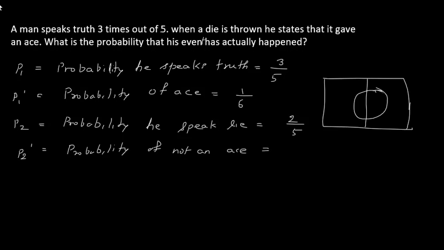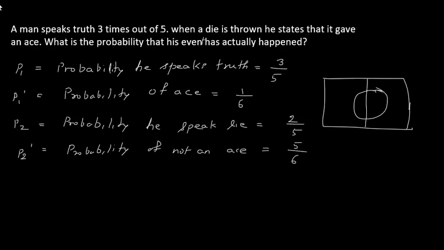Okay, now when he will get some other number, when he is speaking lie and he is saying that okay, I got ace, it means that he has not got an ace, he has got some other number. So when he is lying, then the probability of getting an ace will be 5 out of 6. Okay, have you understood? When I am lying that I got ace, that means I have not got an ace, and the probability of not getting ace is 5 upon 6.